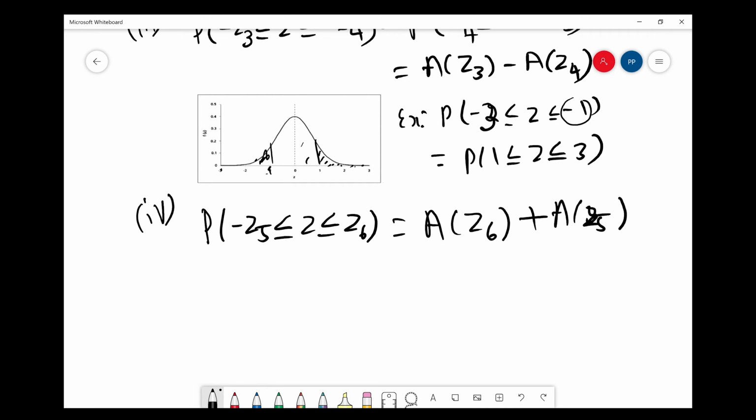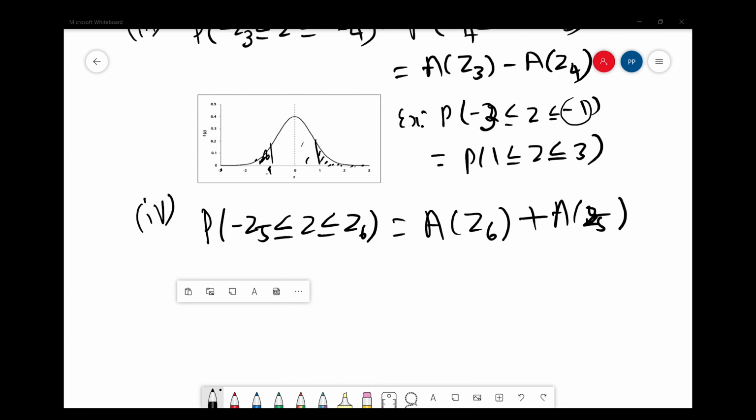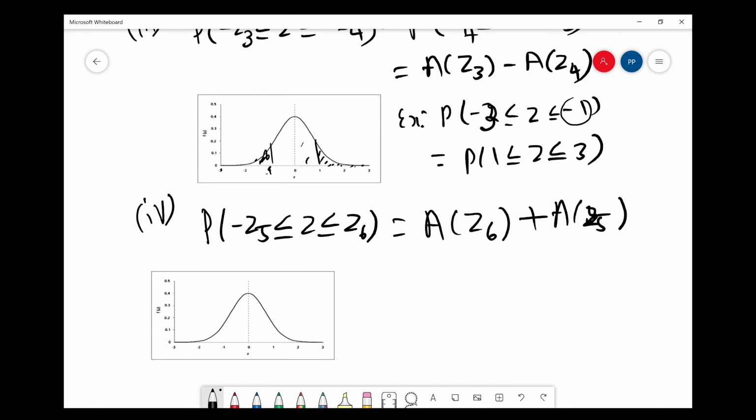Okay, so I'll take an example for this also. Let us consider the probability from minus 1 to plus 2. That is, minus 1 is here, 2 is here.